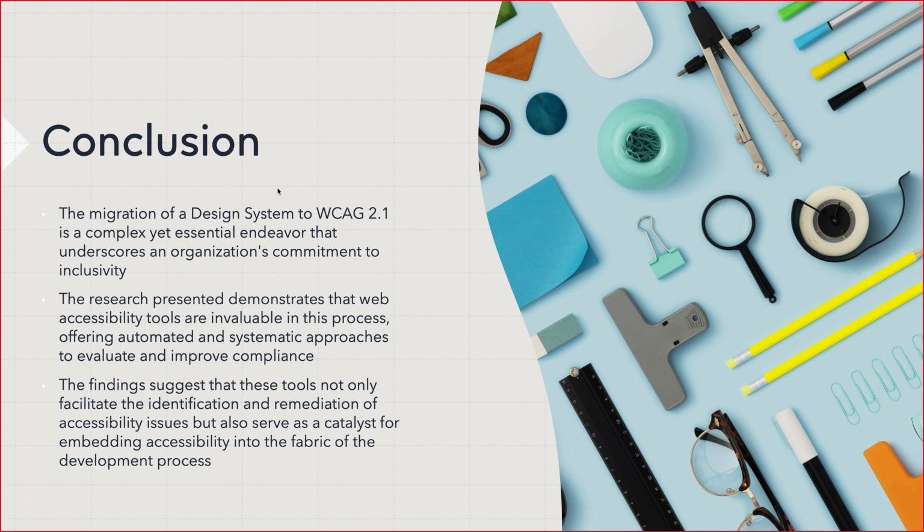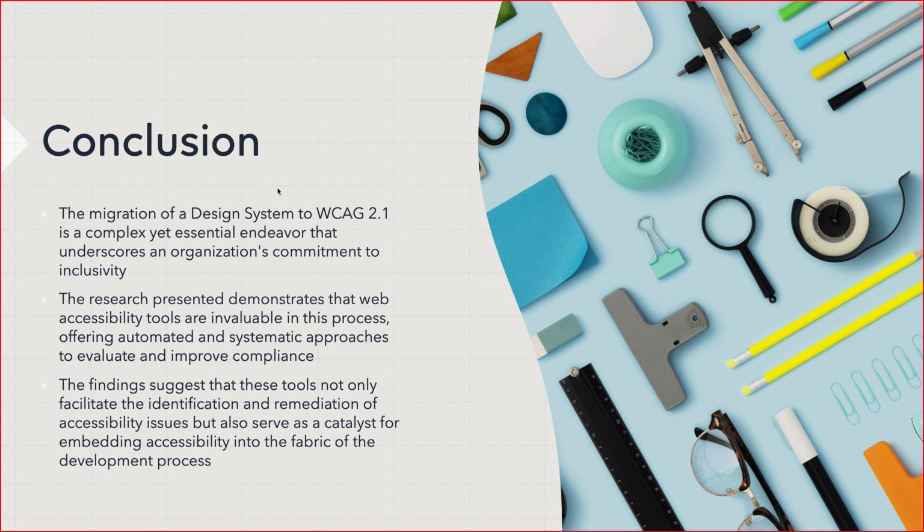So to conclude, the migration of a design system to WCAG 2.1 is a complex yet very essential endeavor that underscores an organization's commitment to inclusivity. The research presented demonstrates that the role of web accessibility tools is invaluable in this process, offering automated and systematic approaches to evaluate and improve compliance.